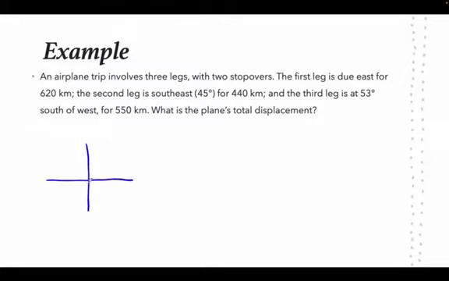The second one is southeast for 440 kilometers. This angle is 45 degrees. And the third is at 53 south of west. The third leg is in this direction, where this angle is 53, and this is 550 kilometers.